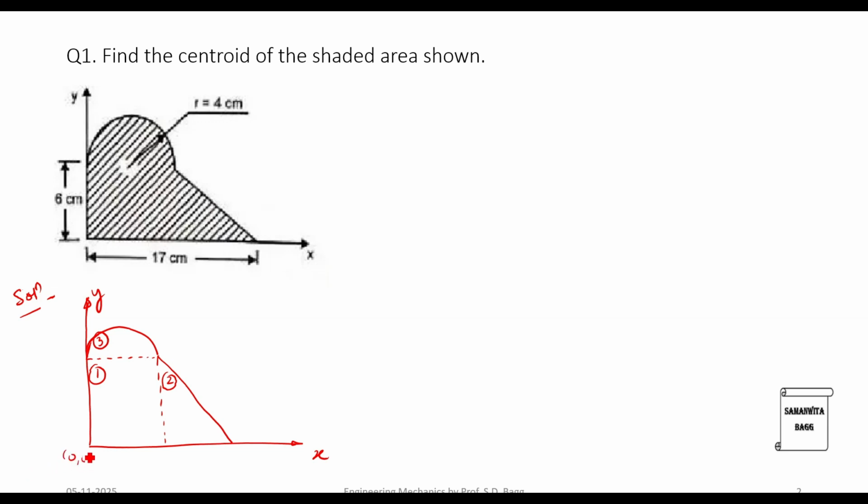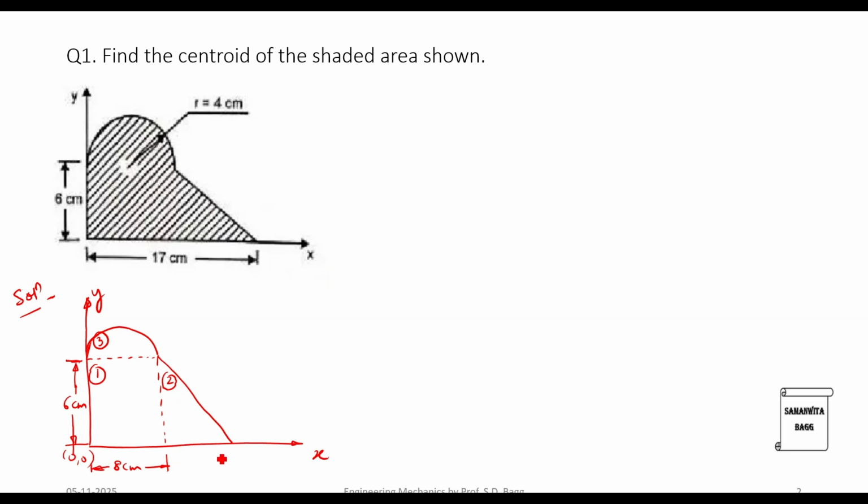As before we have discussed, we have to mark the origin, that is 0, 0. This distance over here is what I need because it is a rectangle. This total distance is 17. Here you can see the radius of the semicircle is 4. So if this is 4, this total distance will now be 8 centimeter. This height of the rectangle is given as 6 centimeter.